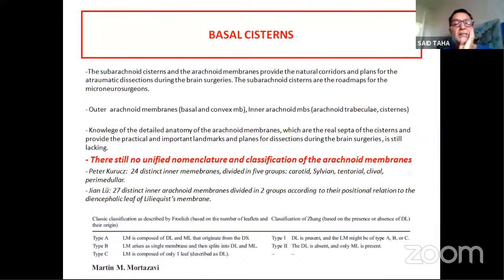The basal system is the roadmap for neurosurgeons.